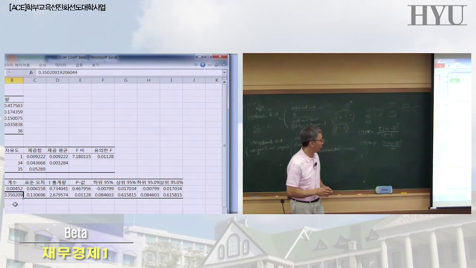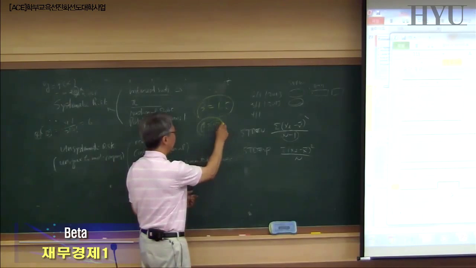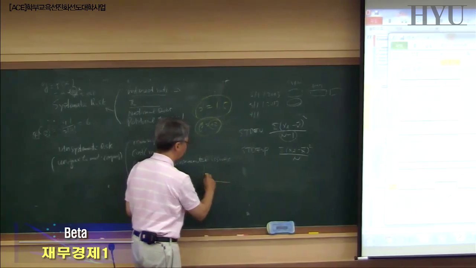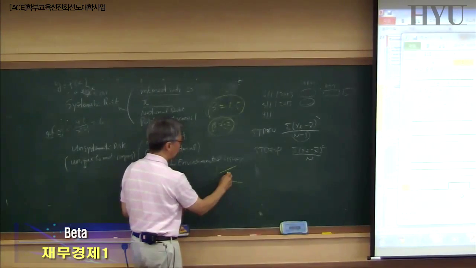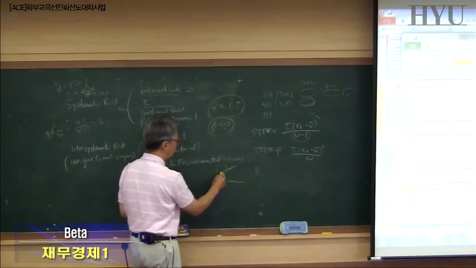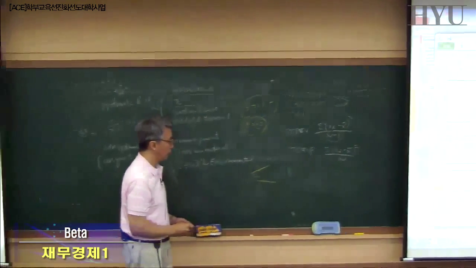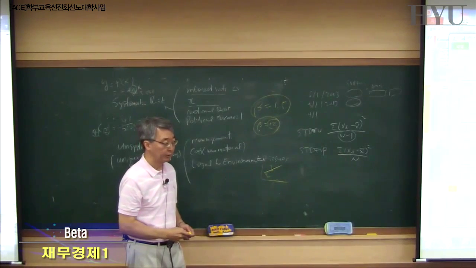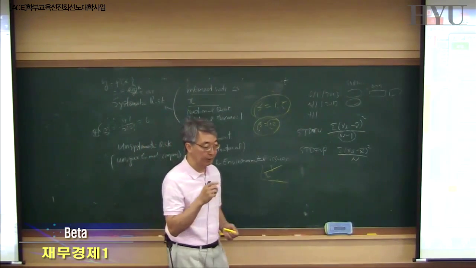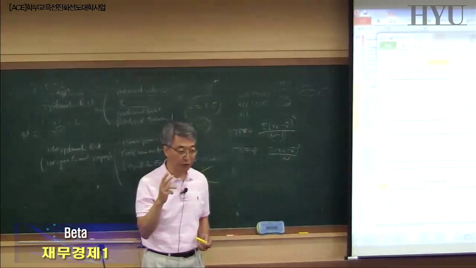Because we have positive 2 here, we have positive correlation, right? So whenever this increases, this goes up. Whenever this goes down, the return on the particular stock goes down. But the thing is, it's twice as much, right?